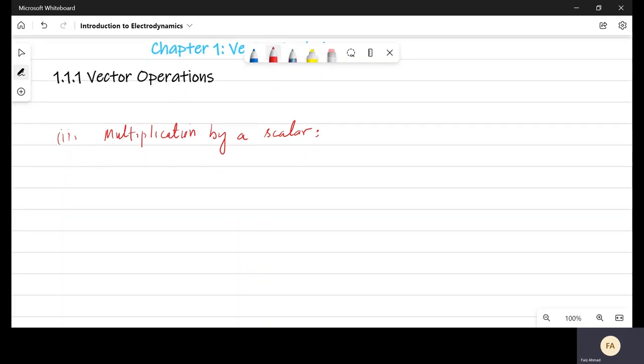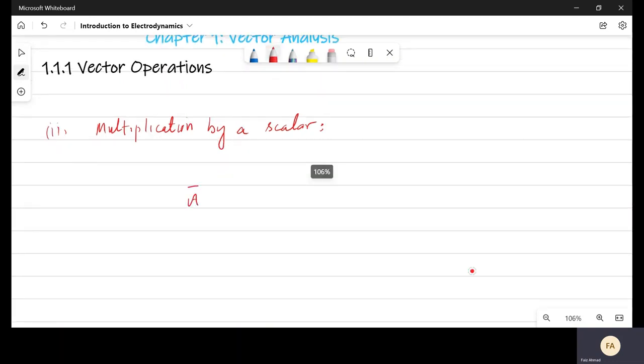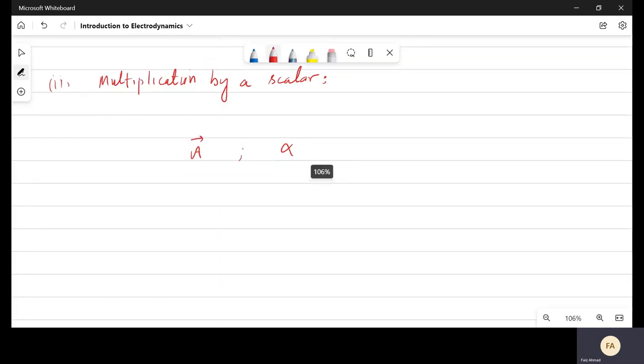So we have a vector A and we have some scalar number alpha, and we can form another vector which will be simply alpha times A. So we are just multiplying a scalar number to a vector.